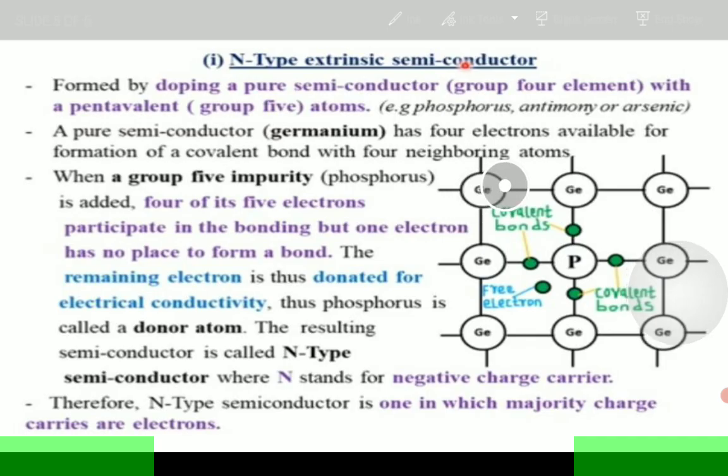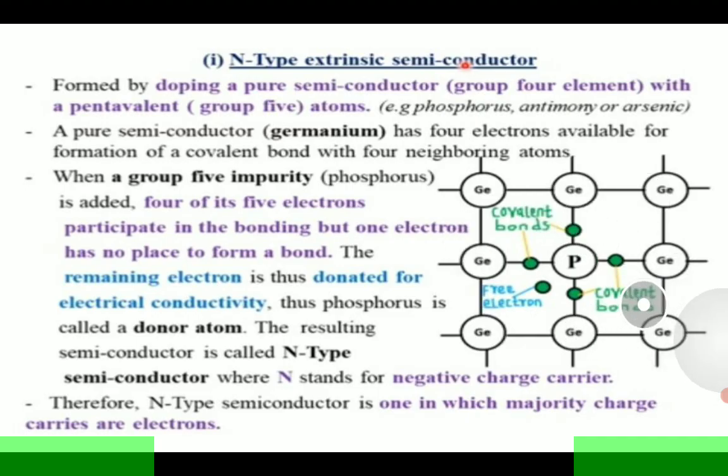So you have germanium atoms all around, except the one which is in the middle. This one here is phosphorus, which is to be added to the structure of germanium. Okay, so in this case, the phosphorus is a doping element.